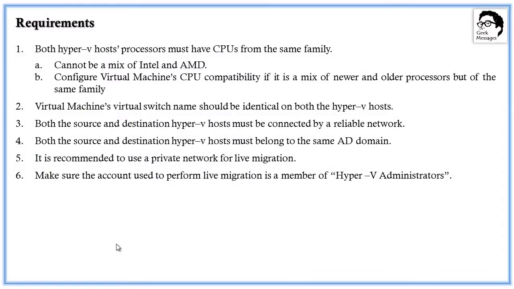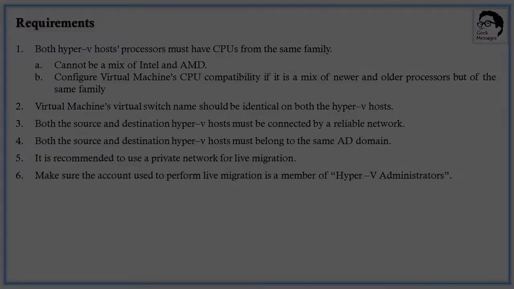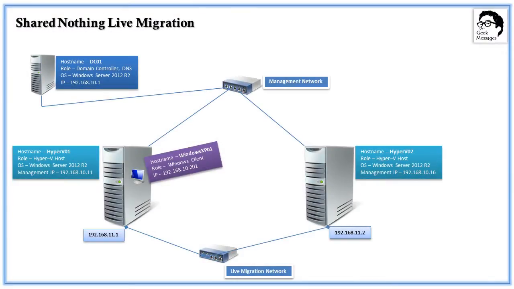Both the source and destination Hyper-V hosts must be connected by a reliable network. If you go back to my slides, both the hosts are connected using a reliable network. Either it can be the management network or it can be the live migration network.